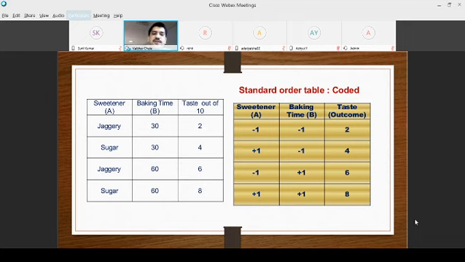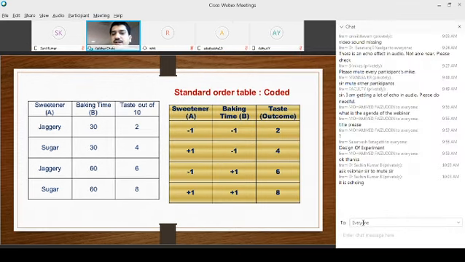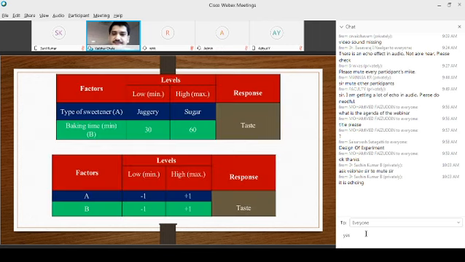Similarly, for jaggery and 60 minutes baking time, we have got the taste outcome 6. When I take sugar, that is +1, and baking time of 60 minutes, I have got outcome 8. Let me go back to the previous slide just to make you understand.